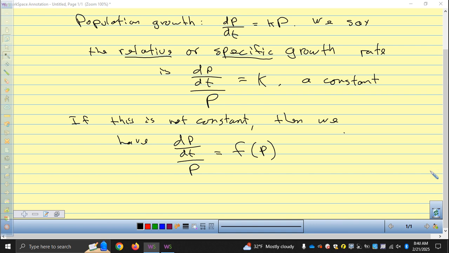So it's dependent on the current population. The relative growth rate is dependent on the current population. Or, just rewriting this, the rate of change of our population with respect to time is a population times this, some function of the population.